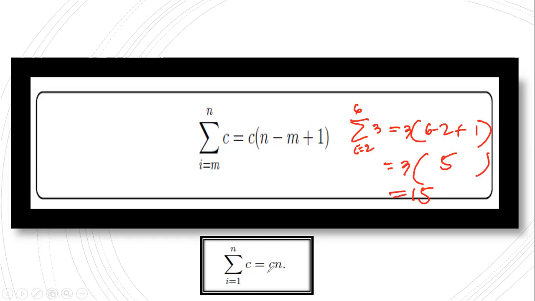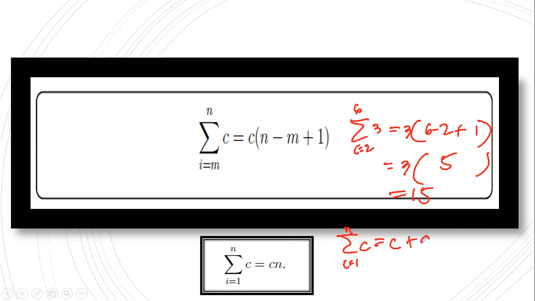And the next one is the summation of the constant, but it starts when m is equal to 1. Actually, if we're going to prove it, it's also easy, because if you expand the summation of c, where I ranges from 1 until n, the very first term is the constant c.